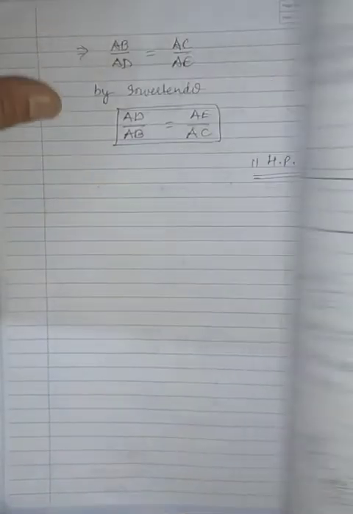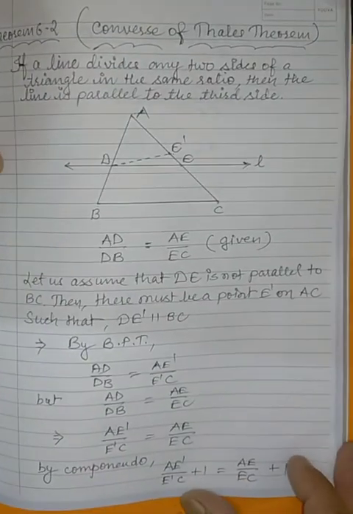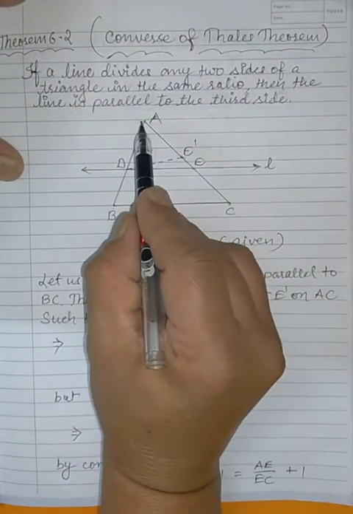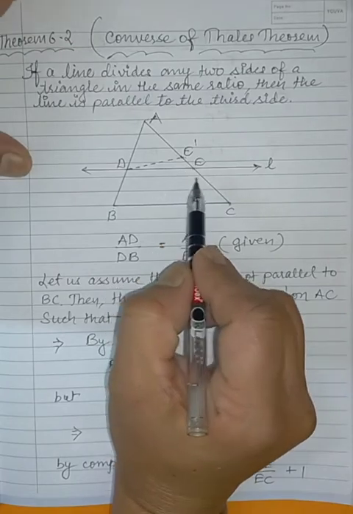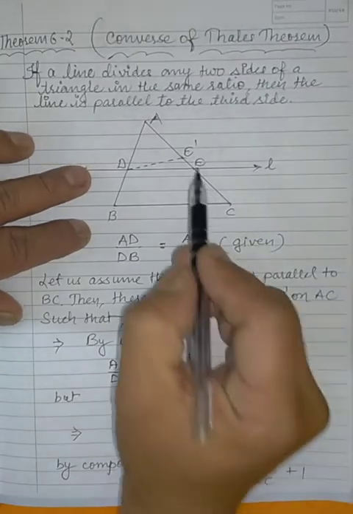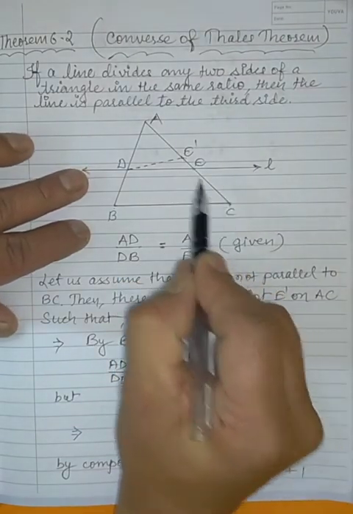Now, look at this side. We are saying that E dash C is equal to EC.